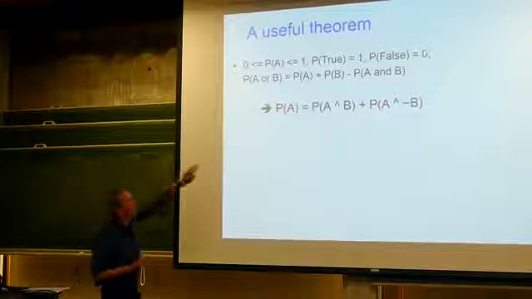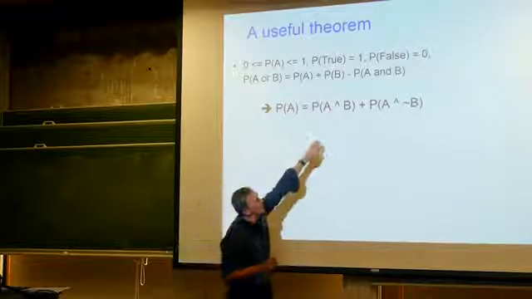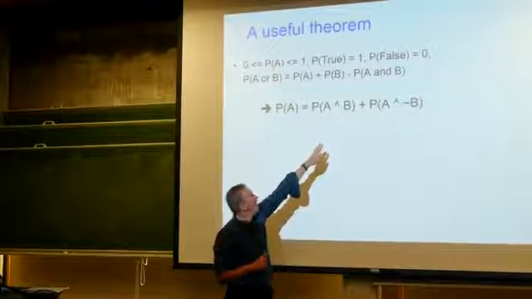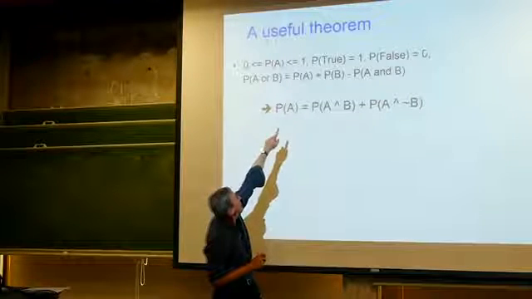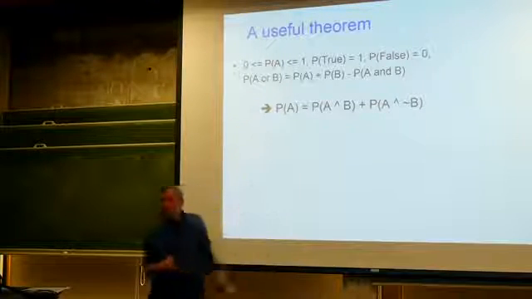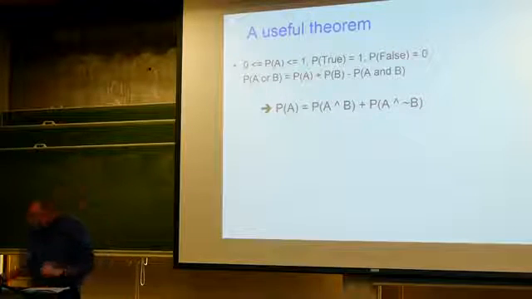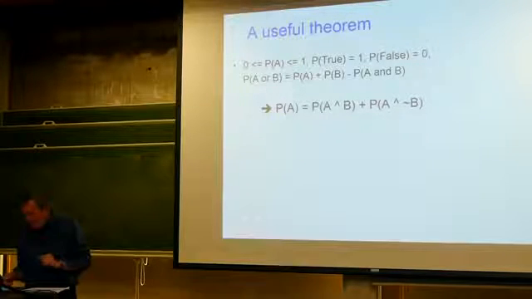Here's one of the rules of probability that can be proven from those axioms. The proof is actually easy. You could do it yourself as an exercise.